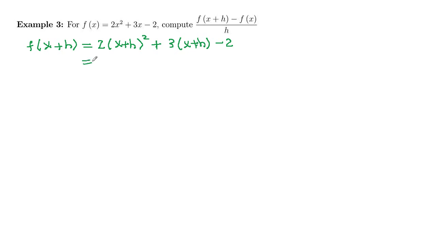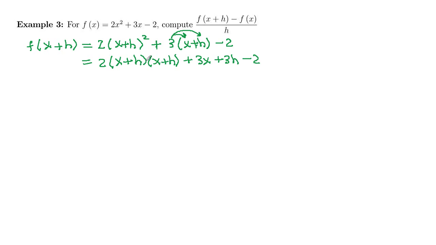So this now will be 2 times x plus h squared, which is x plus h, and then plus 3 gets multiplied in times each term there, so 3x plus 3h, and minus 2 on the end.